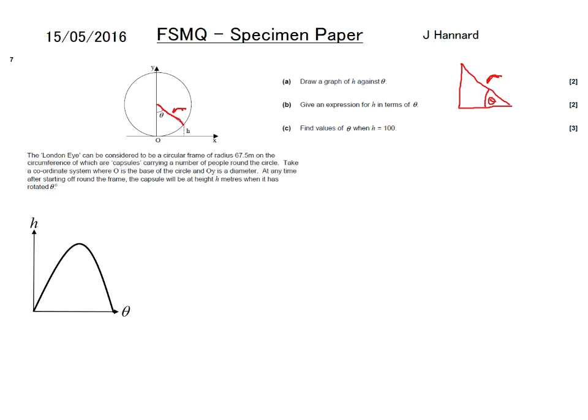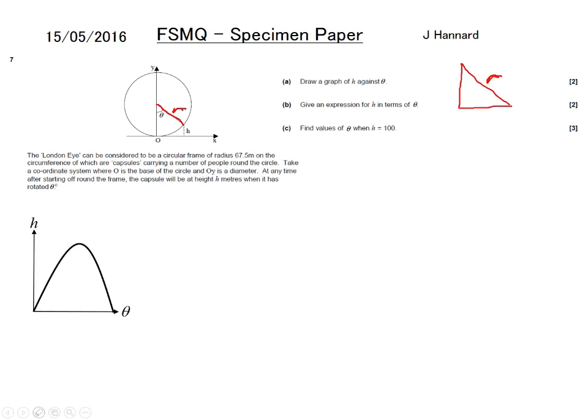Then this line here will be r cos theta. I've drawn this kind of the wrong way because obviously theta's in that corner. I'll take that back a step. In fact, all we need to do is get rid of that there, and that, and that.